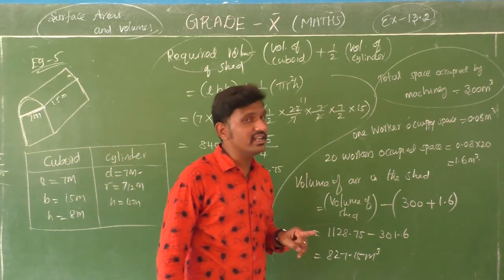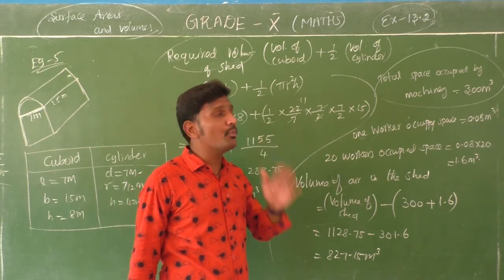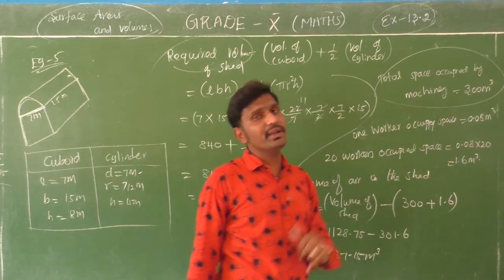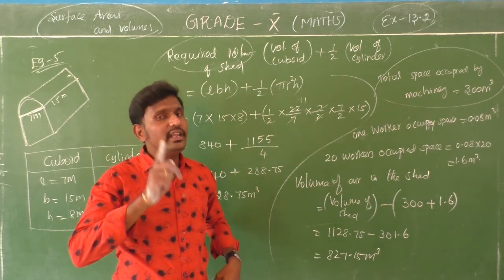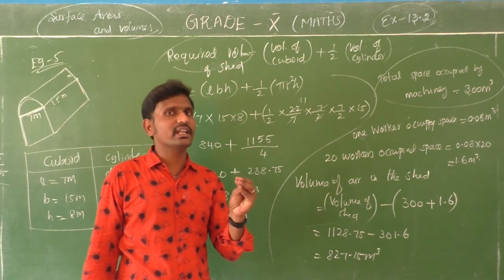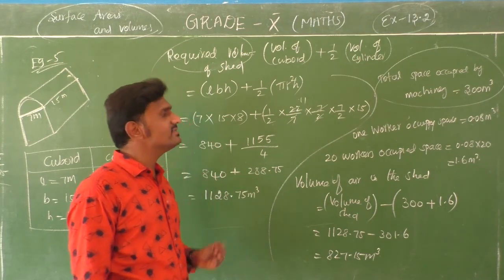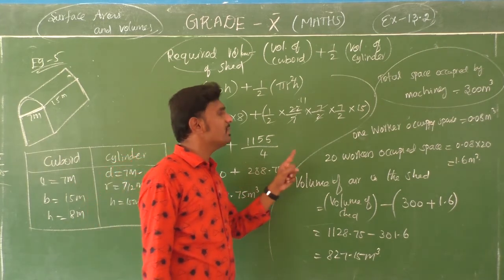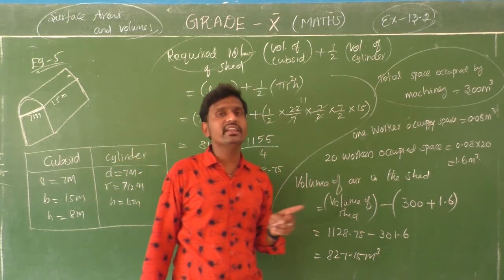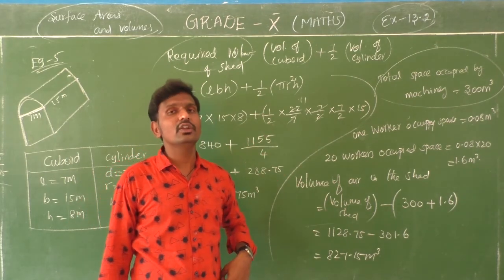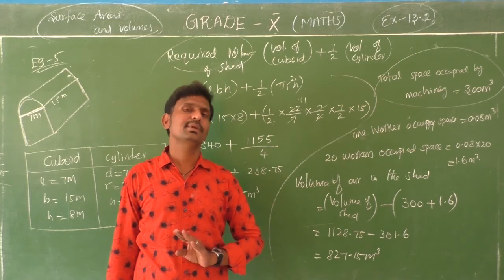Listen carefully, students. The total space occupied in the shed by the machinery items is 300 meter cube, and 20 workers are working in the shed. Each worker occupies a space of 0.08 meter cube. So the total space occupied by the 20 workers will be 0.08 into 20, to get 1.6 meter cube.